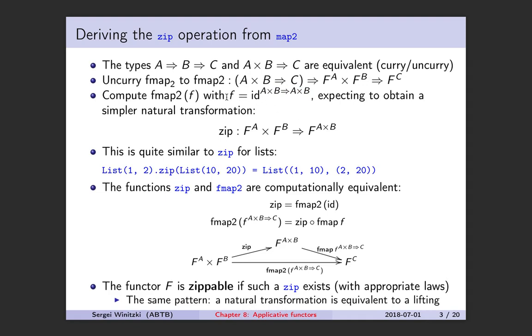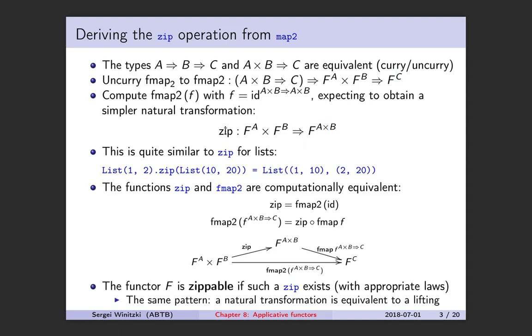So let's do that, and the result will be that we have Fmap2 with this. Now we take C equal to the tuple A and B. So we set the type C to be the tuple AB, and then we have a function of this type, which is FA, FB going to F of tuple A, B, because C is tuple AB.